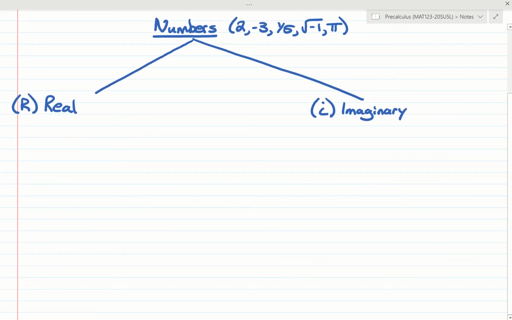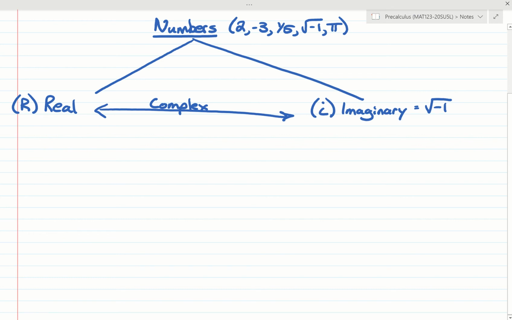Now, if we were to combine these two, a real number and an imaginary number, that's called a complex number. But we're going to be learning about those later on in the course. But for right now, let's just talk about these individually. An imaginary number, by definition, is what we get when we take the square root of -1.